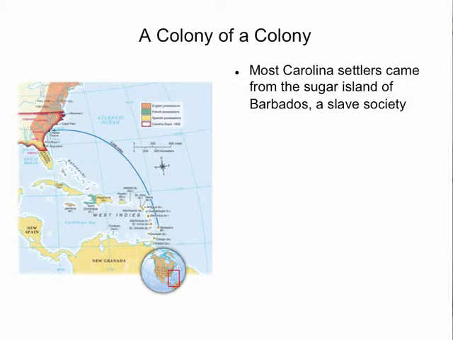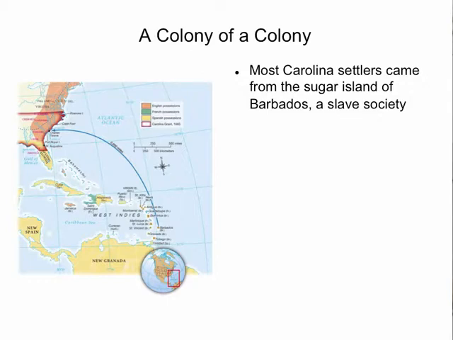Most of the Carolina settlers did not come directly to Carolina from England. Most of the settlers came by way of Barbados, which, you see it there on the map, was an island in the West Indies where English planters were growing sugarcane.